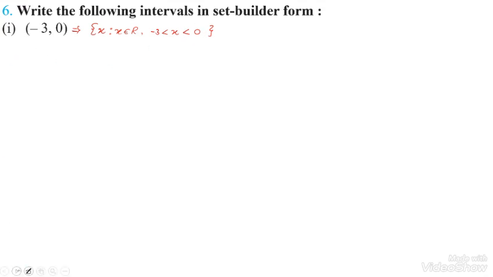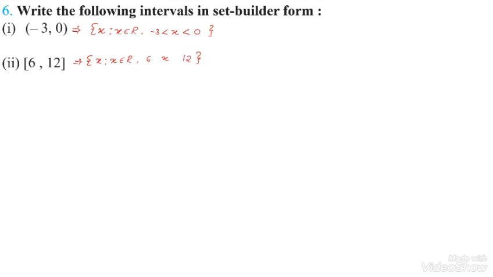Next, second question: 6, 12. We already know the general form: x such that x belongs to real number. First, I can write the boundary points, 6, and in between the boundary points I can write the x, and close the bracket.